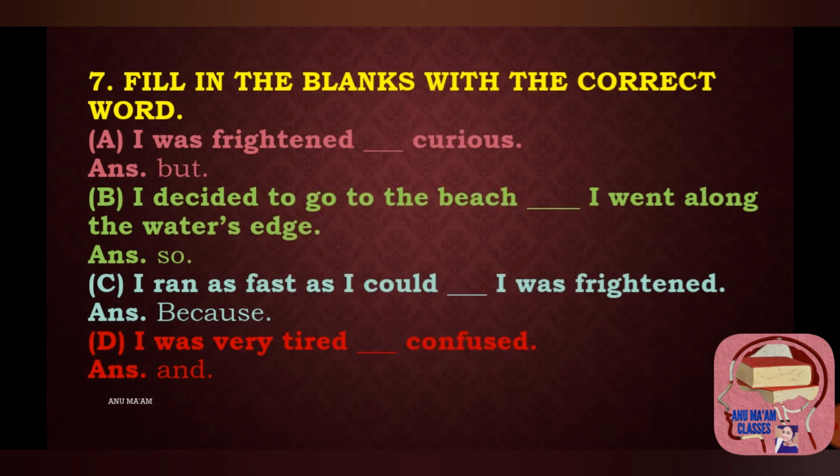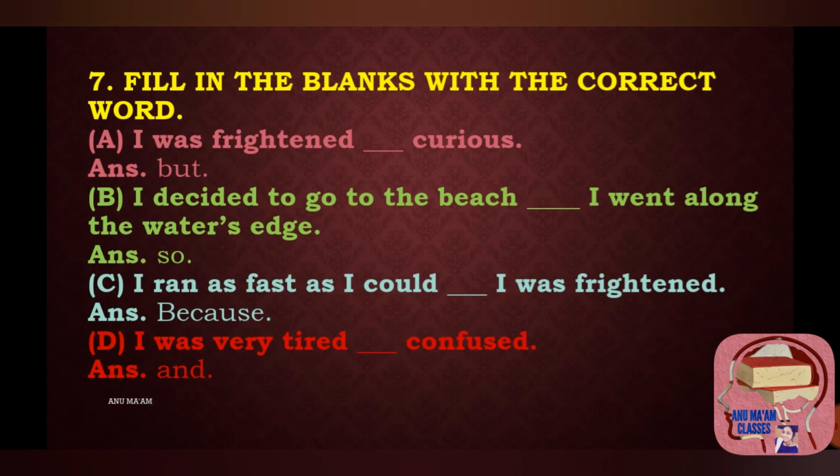Fill in the blanks with the correct word. I was frightened but curious. Okay. Then second, I decided to go to the beach. So I went along the water's edge. See, I ran as fast as I could because I was frightened.